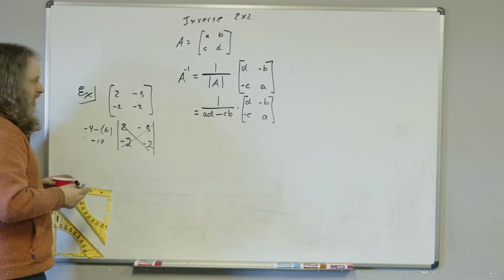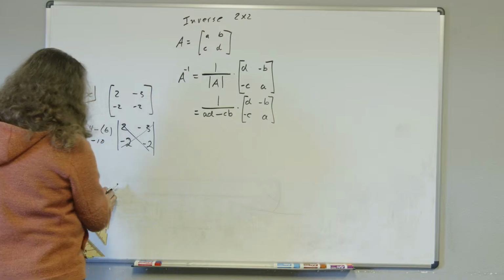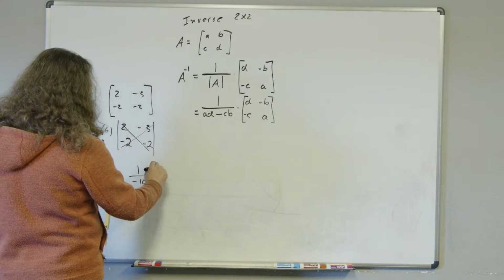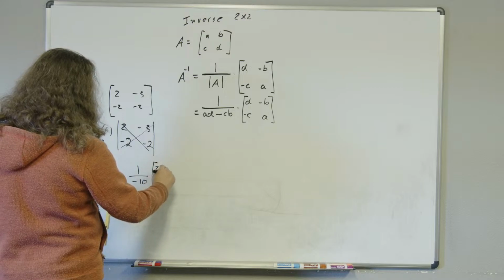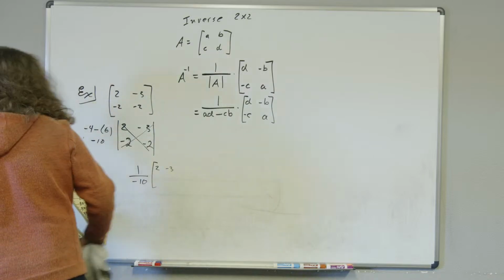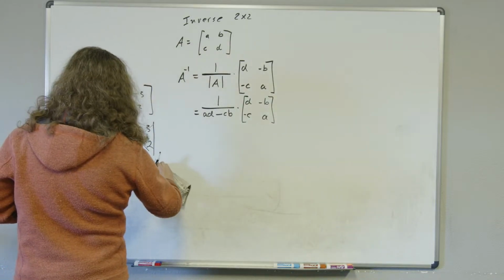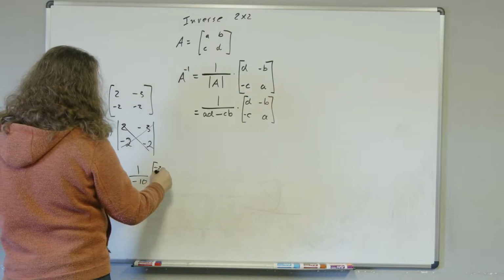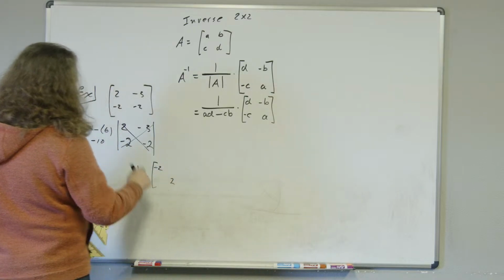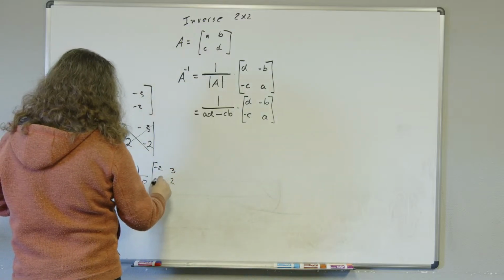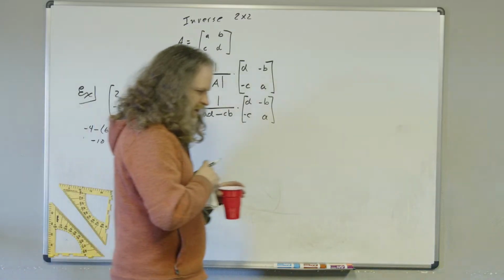So we're going to multiply to find the inverse. We're going to multiply 1 over negative 10 times, no, slow down, go back. We flip these around, so negative 2 here and positive 2 here. And we flip the signs on these, so positive 3 and positive 2, right?